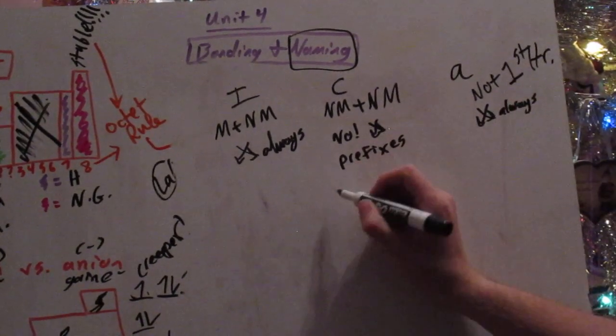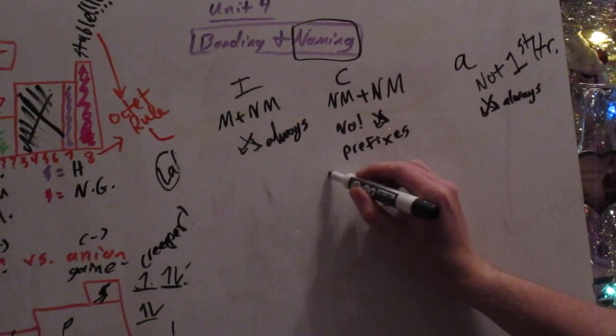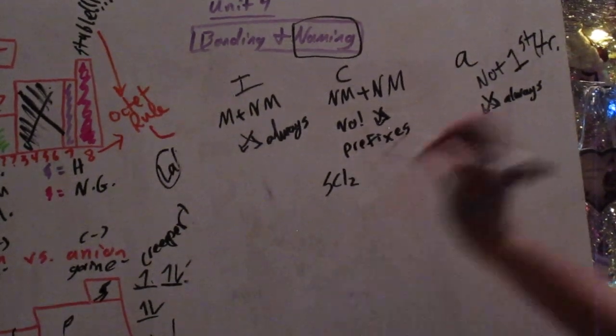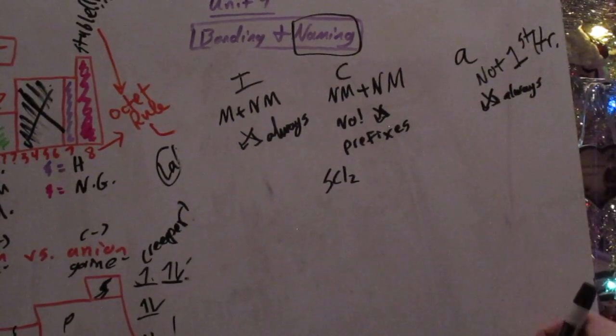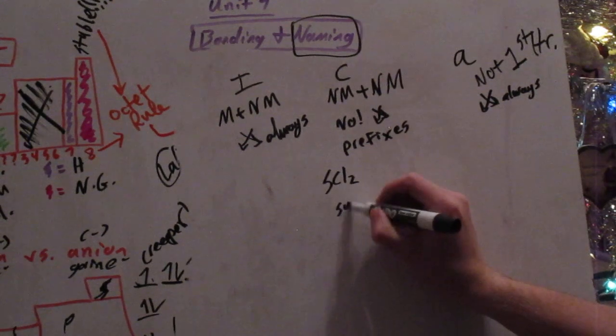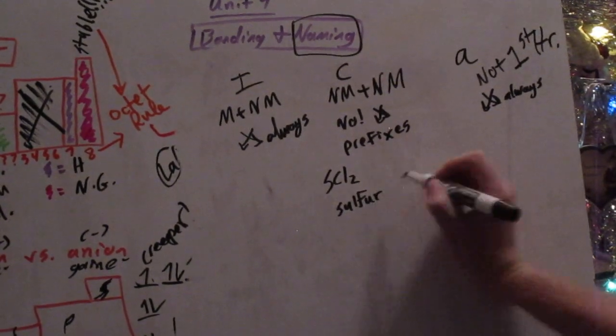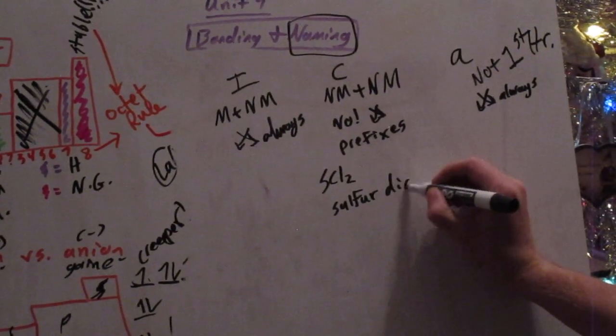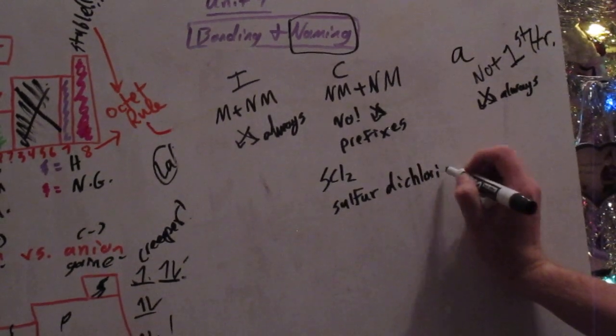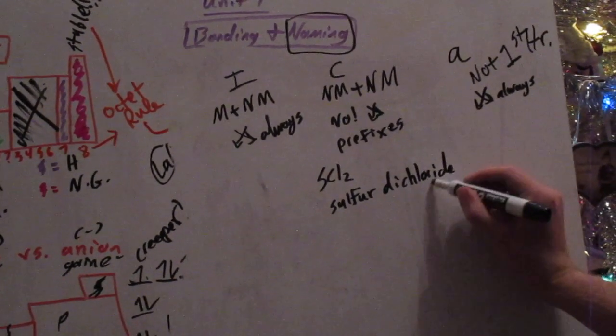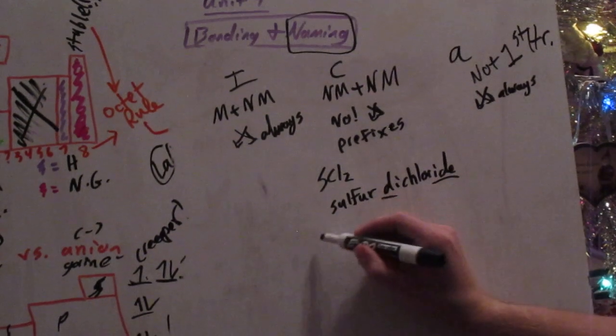Covalent things, with the prefixes, you might have something like SCl2, which is something similar to what we just did. This is sulfur dichloride. Again, ending with IDE, prefix.